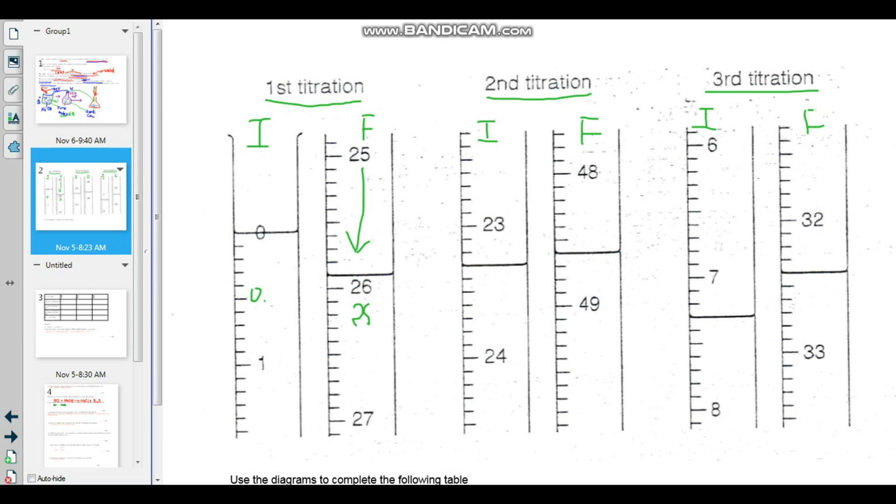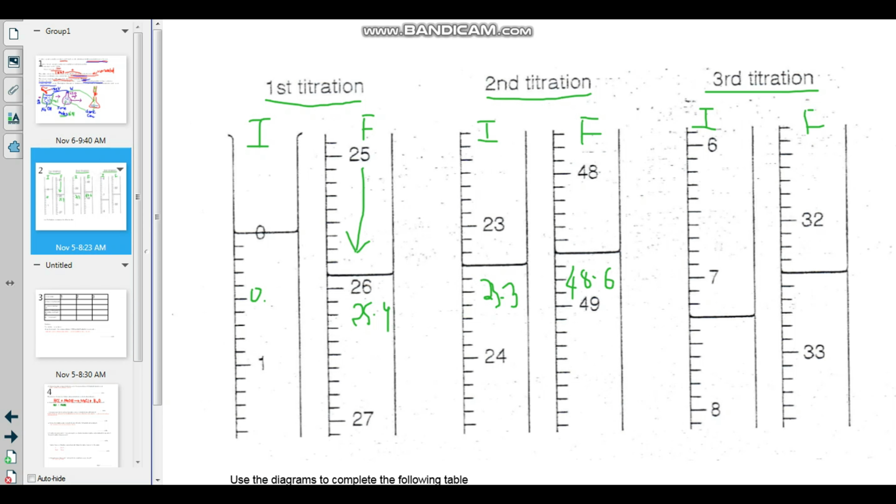So the reading here will be 25.9. And then here the initial reading is 23.3. And the final reading is 48.6.